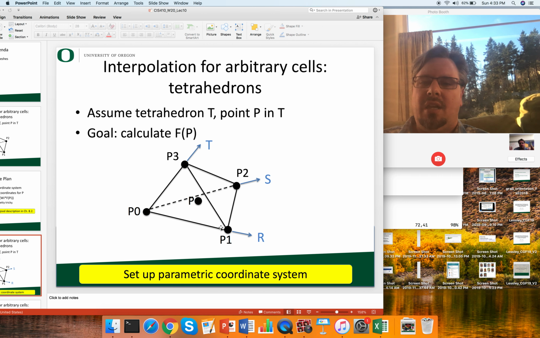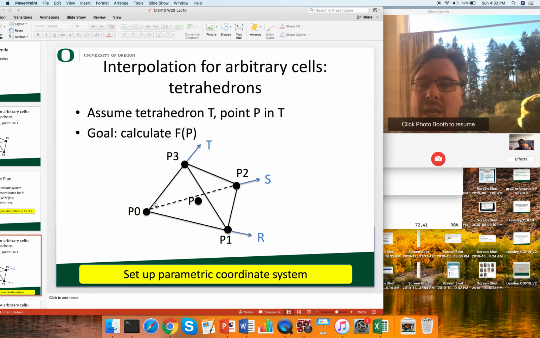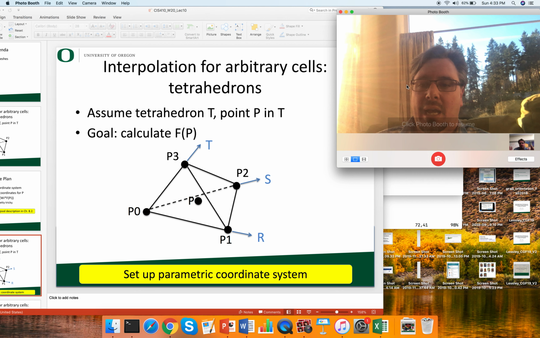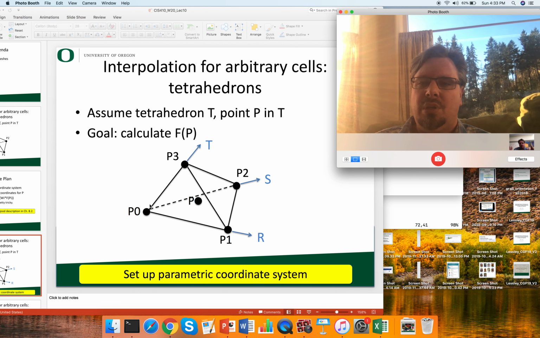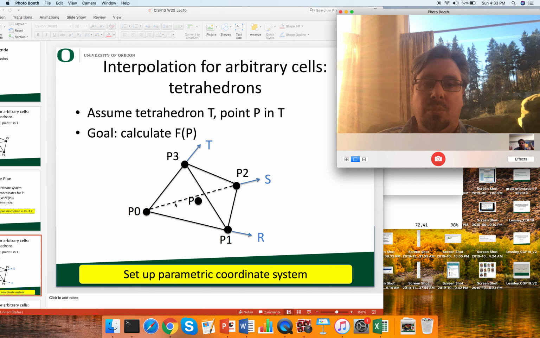Then we can set up 3 vectors, which are the directions from P0 to the other 3 points. The direction R is P1 minus P0, direction S is P2 minus P0, and direction T is P3 minus P0. Those are 3 different vectors, and you can think of it in a similar way to how you think of the X, Y, and Z axes.